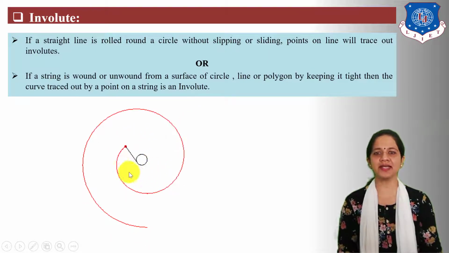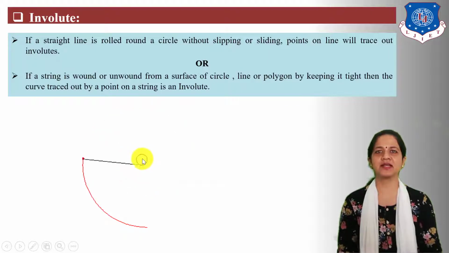You can see here, this is the involute curve which is traced by the end point of this string while wound around this circle.